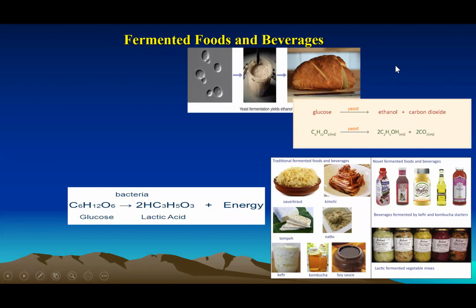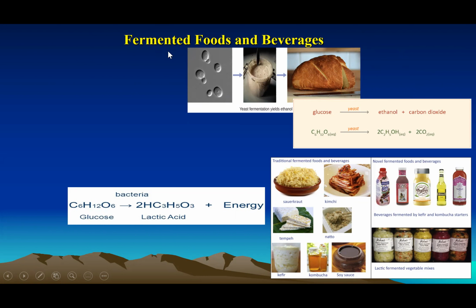So our ancestors, there's evidence for fermented foods even 5,000 years ago. The Egyptians knew it, the Incas, the Mayas. So when we study these old civilizations, there are records to show that they enjoyed bread and beer and wine, fermented foods.